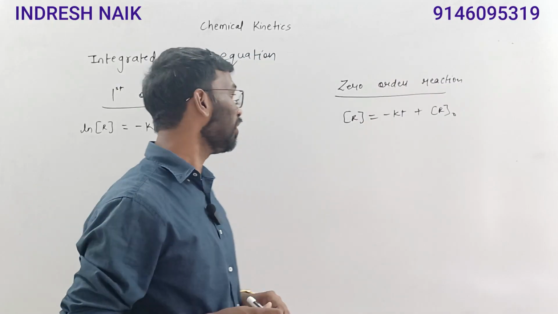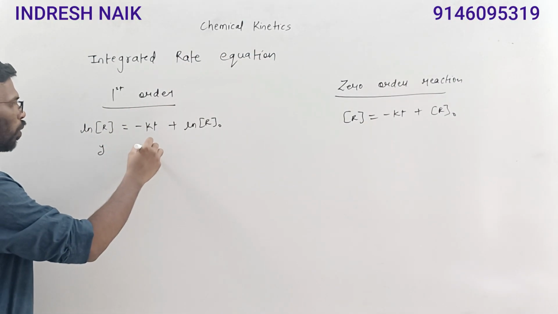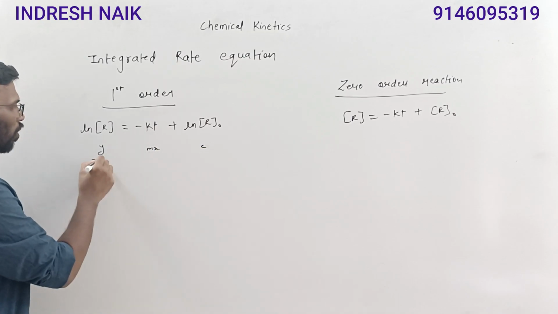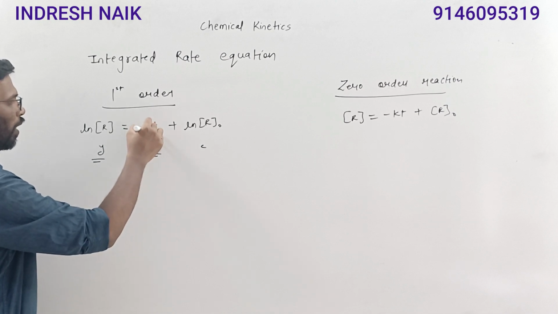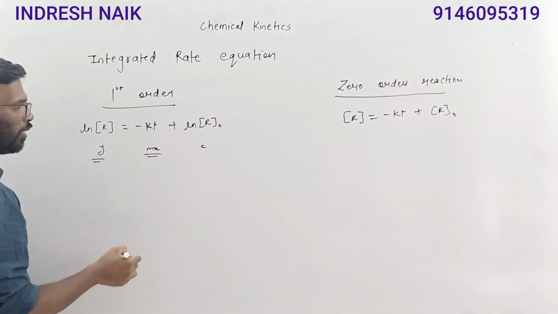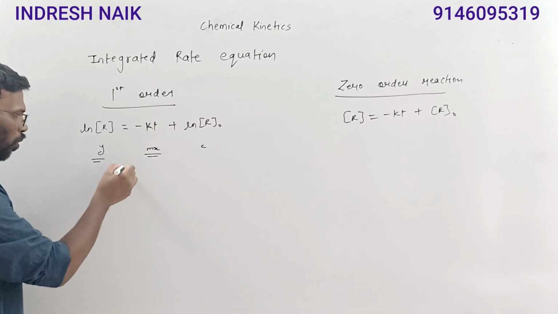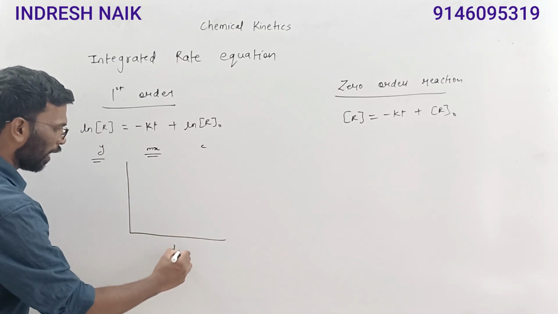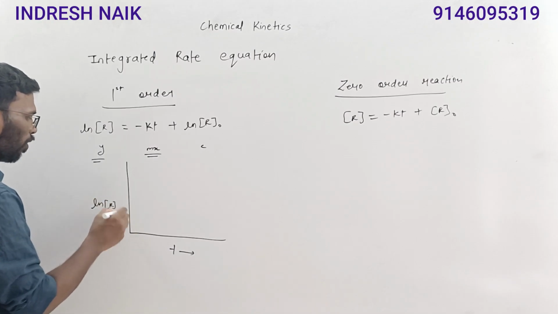If we relate this with the equation of a straight line, I'll write this: y is equal to mx plus c. Here y is on the y-axis, m is the variable, along the x-axis is t, and the slope is minus k, right? And this is the intercept. If you want to draw a graph of this, the graph will be this way. This is how the time varies, and on this axis it is ln of r.